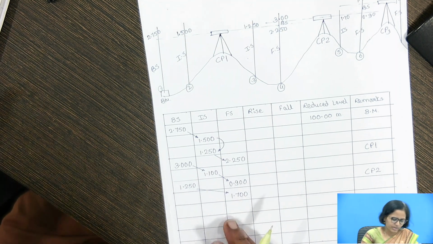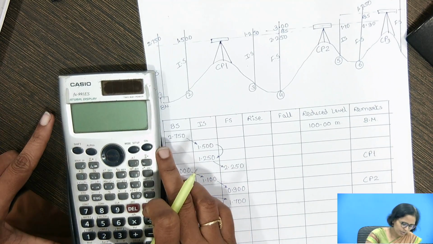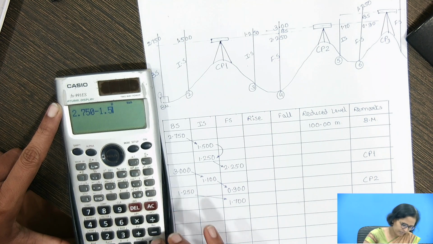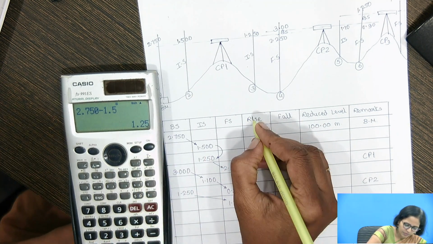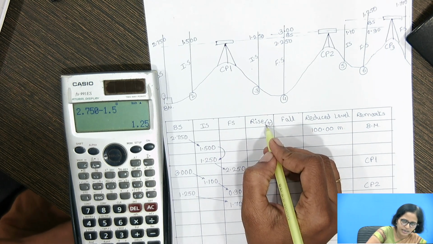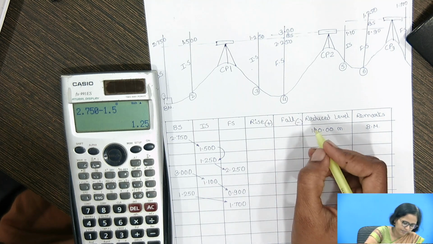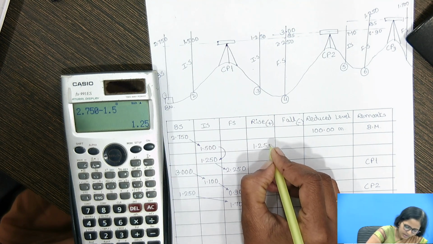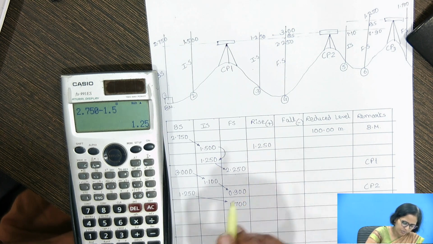So let's see the calculations over here. 2.750 minus 1.5. So it is 1.250. So whatever the positive values you get, it should be written in the rise, and whatever the negative values you get, it should be written in the fall column. So 1.250, it should be entered below. So leave a gap over there at the top. In the next line you write 1.250.